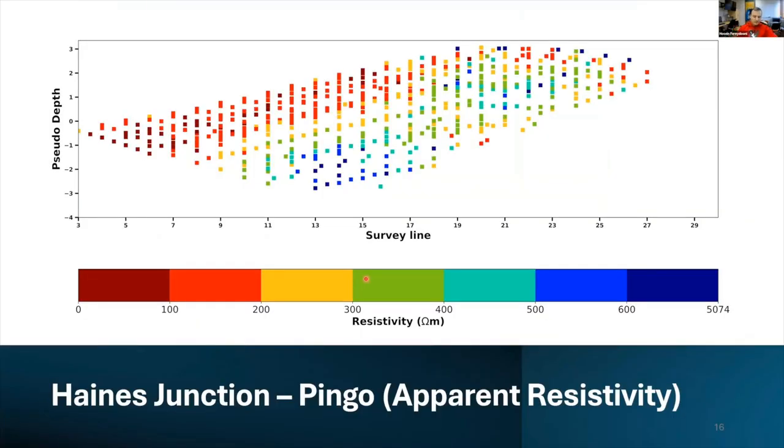So if we are going for just demonstrate what happened in the field, here is the apparent resistivity result in pseudo depths. So you can see the resistivity showing that in some area, maybe greater than 400 ohm meters, we have ice, but most of area and most of data point just getting just under the threshold of the resistivity.